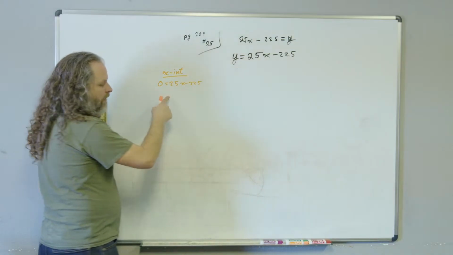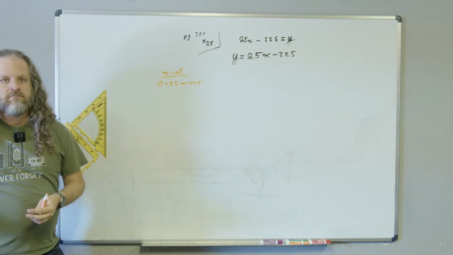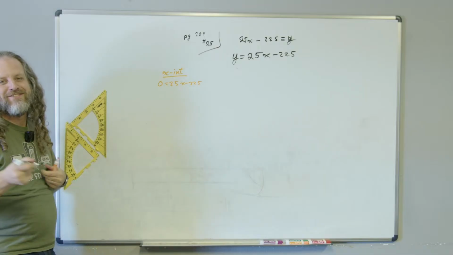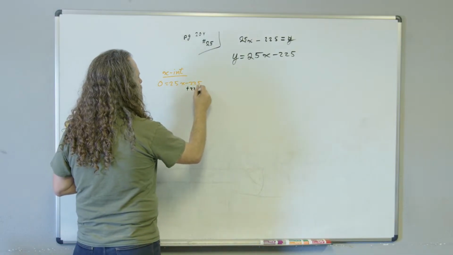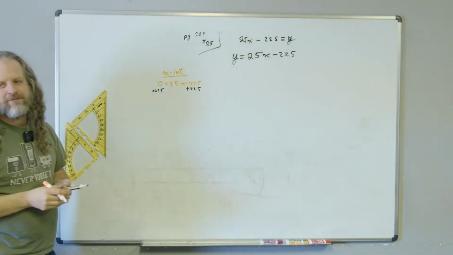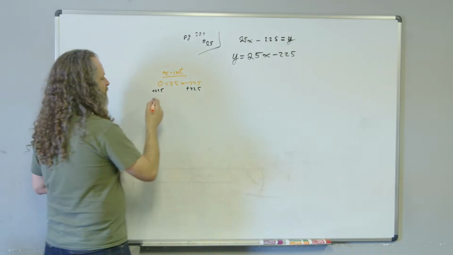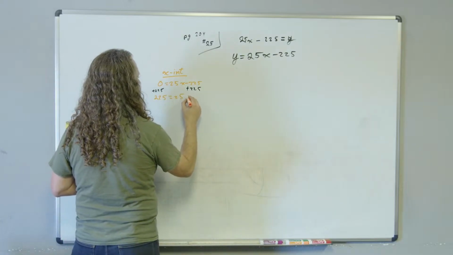You got it. Now what? You add 225. What's 0 plus 225? Whoa, y'all are brilliant. Thank you. People don't say that enough.